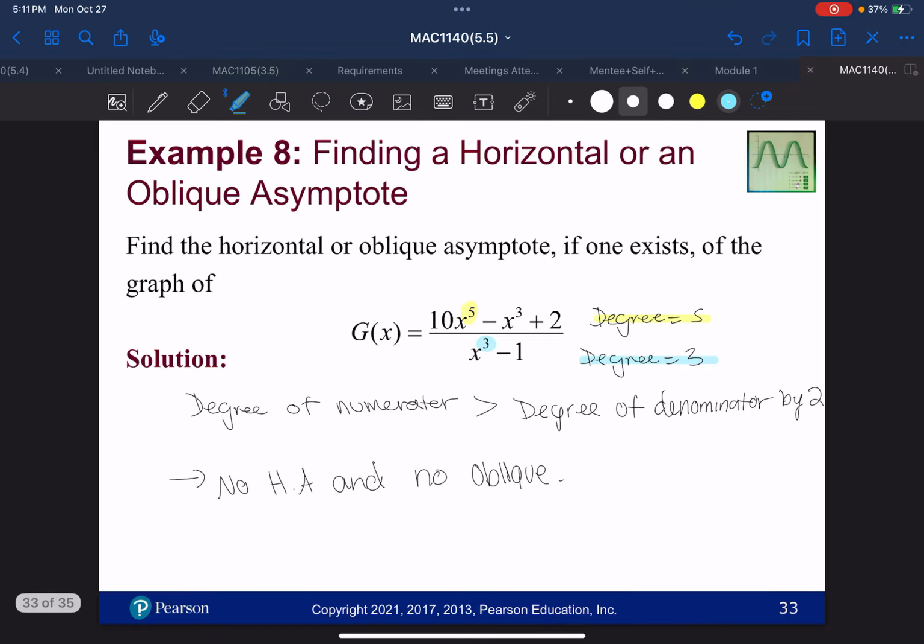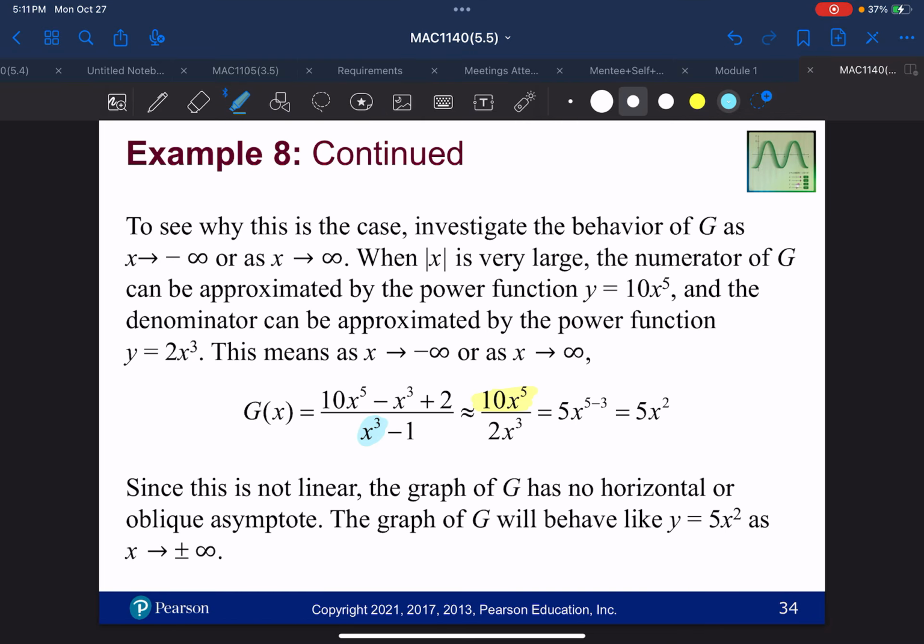Was that supposed to have a 2 there? The very large numerator of g can be approximated by the power function, and the denominator by the power function.